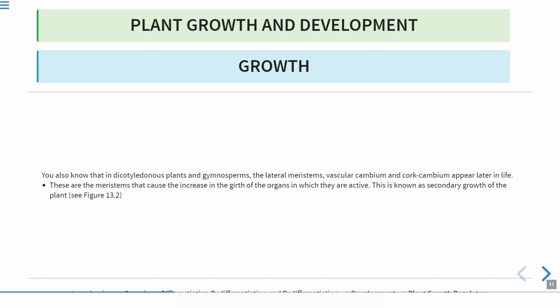So you see growth in the plant in both ways. The primary growth you can see in the increase in the height, which is due to the apical meristem, the shoot apex and the root apex. And you see the secondary growth in the case of lateral meristem. In the lateral meristem, what happens?